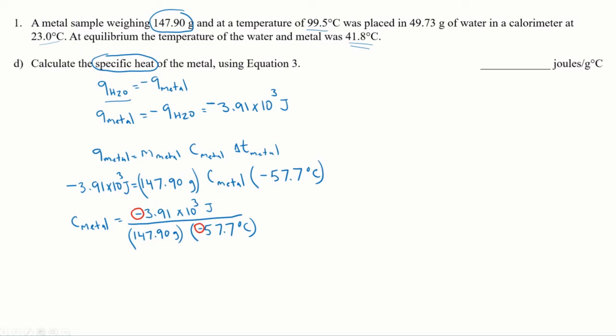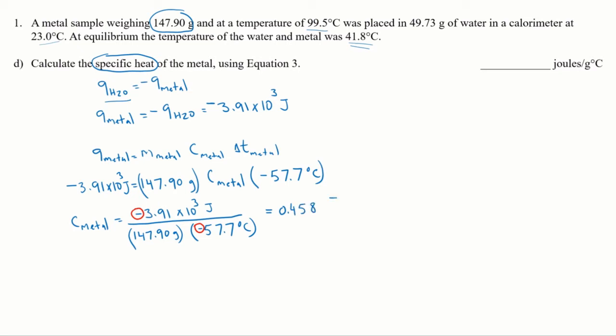My units don't cancel. So once I punch in my numbers into my calculator, I'm going to keep 3 significant figures. So here I will get a positive, because all specific heat values are positive, 0.458.